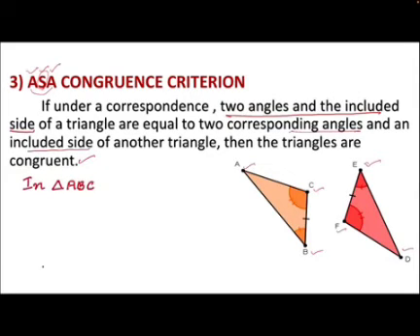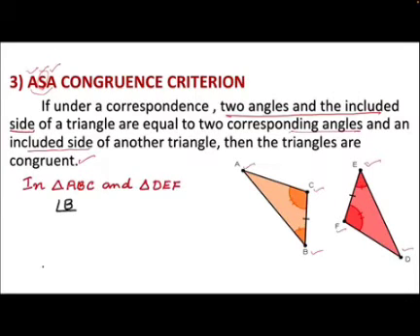In triangle ABC and triangle DEF, children, that's why first only we have matched the pairs so that there is no confusion. So triangle ABC and triangle DEF, we have to show that they are congruent.